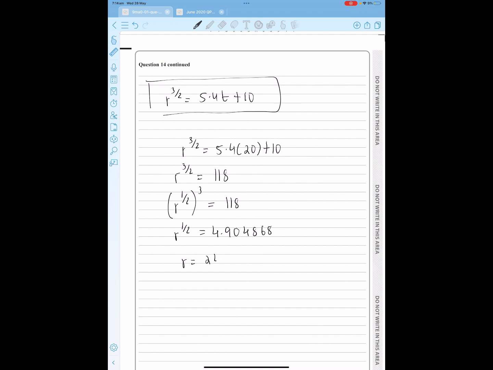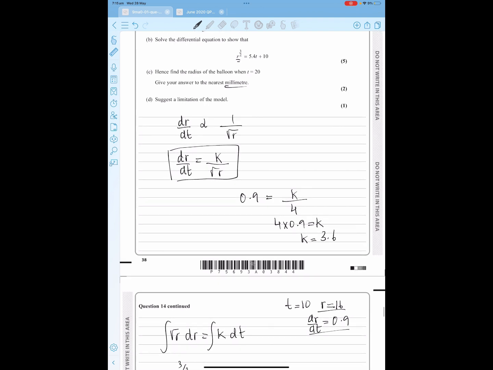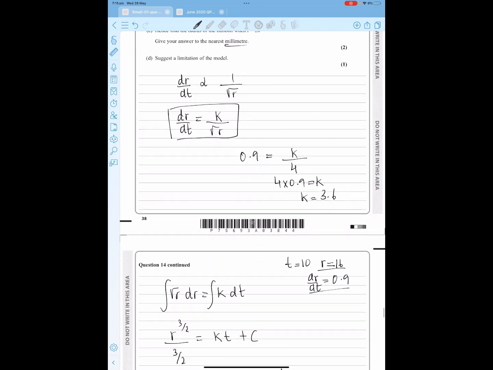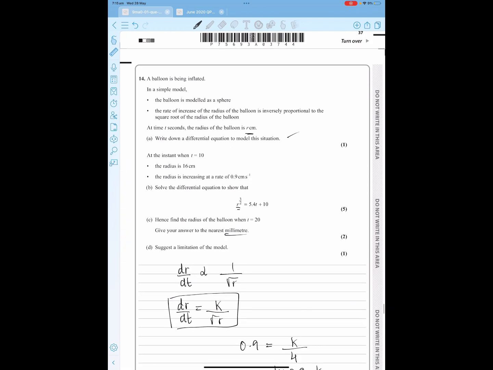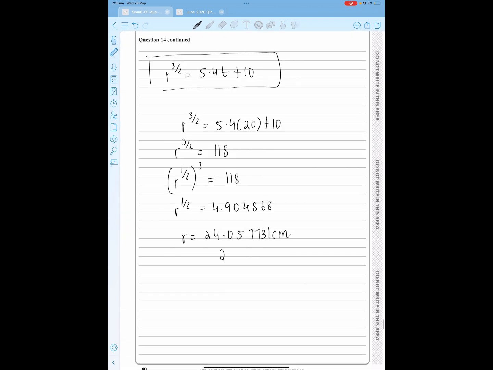So we would get 24.057731 centimeters. So giving your answer to the nearest millimeter, you would just multiply by 10. Yeah, just multiply that by 10. So 240.57731 millimeters.